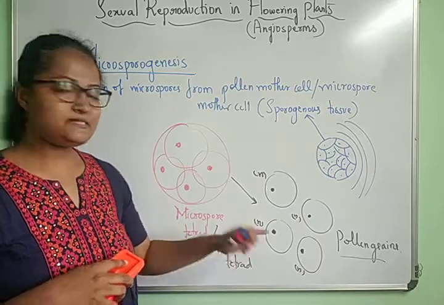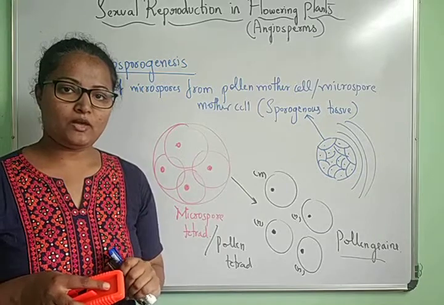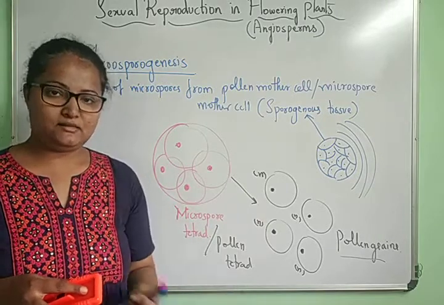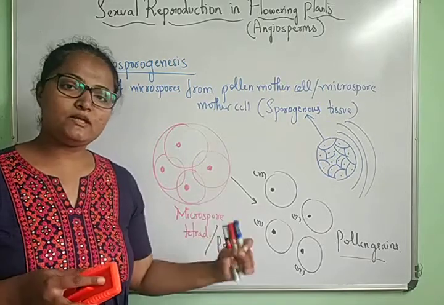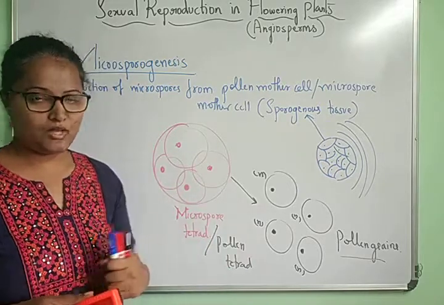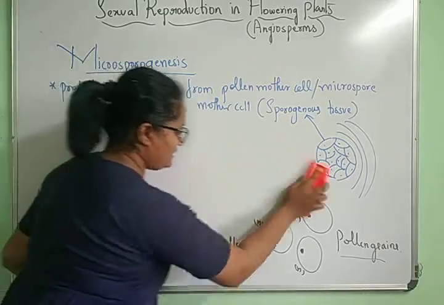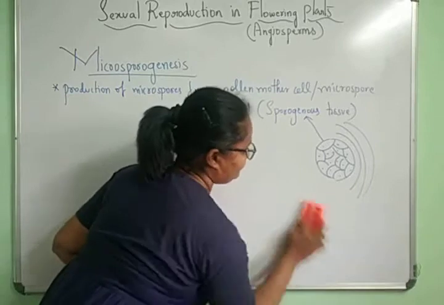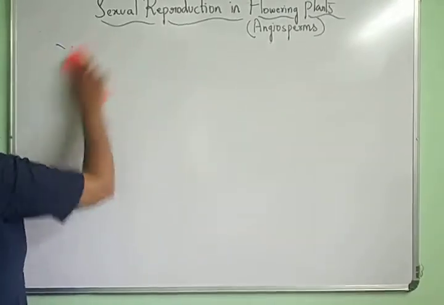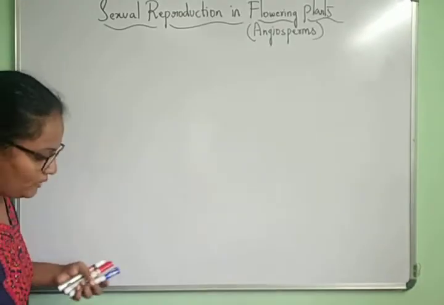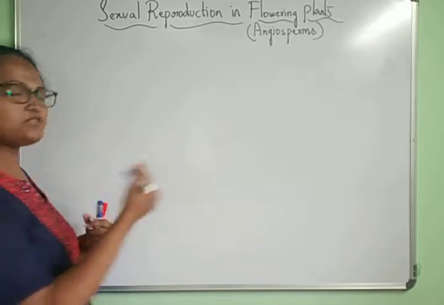This single celled pollen grain is not efficient. To fertilize the egg which is present in the gynoecium, our pollen grain should get matured. So that is the next step now, maturation of pollen grain. Before going to the maturation of pollen grain, we'll study the structure of pollen grain.